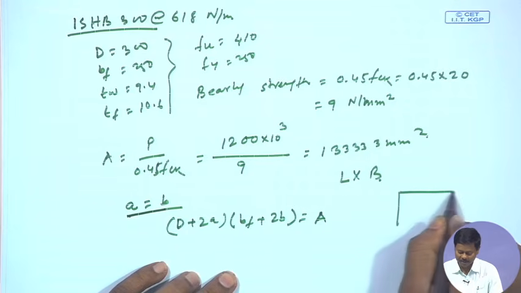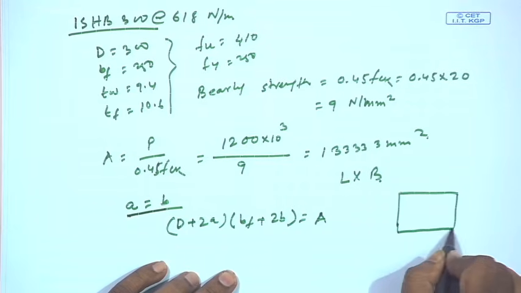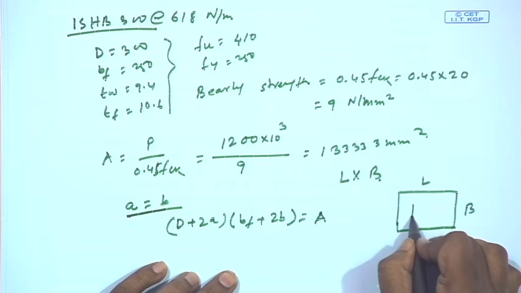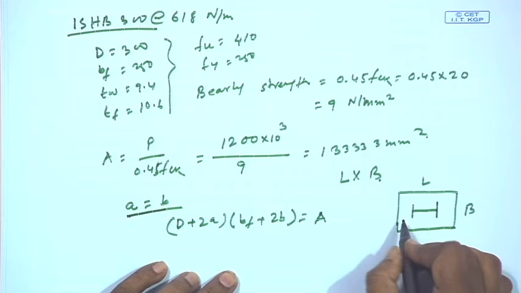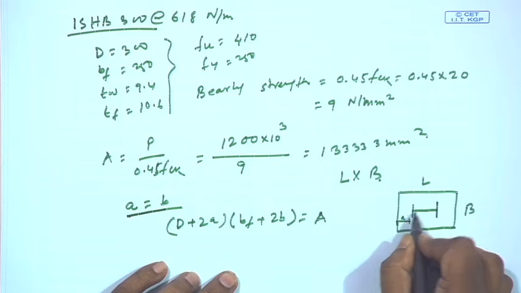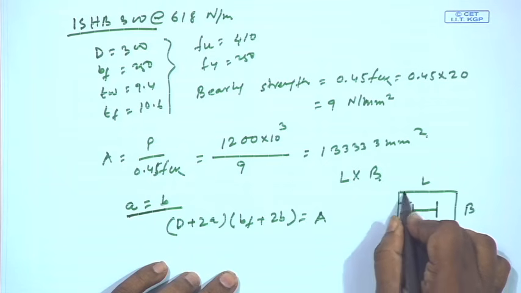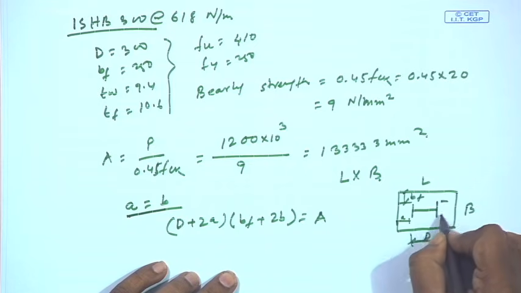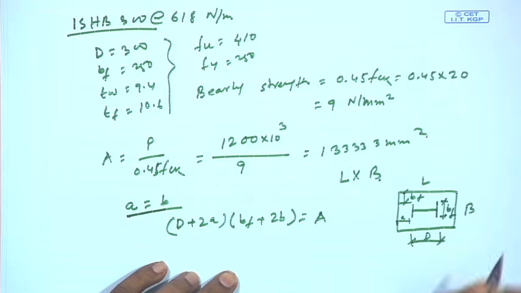Because if we see the base plate, if this is length, this is width B, and this is the I section, and this is D and this is BF, right.